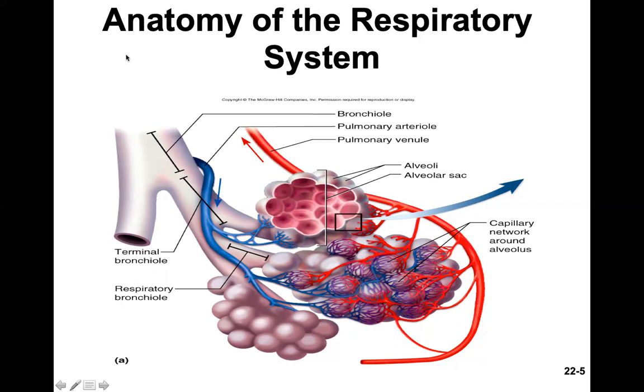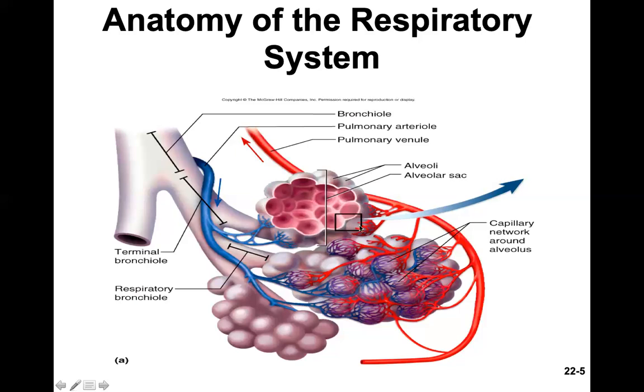Okay, so you go down here, the air continues to go down now that it's in the bronchioles. The terminal bronchioles are the last part of your bronchioles before you get to the alveoli, or the alveolar sacs. And it ends with those alveolar sacs.